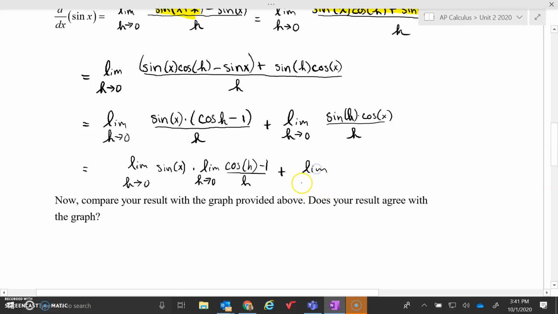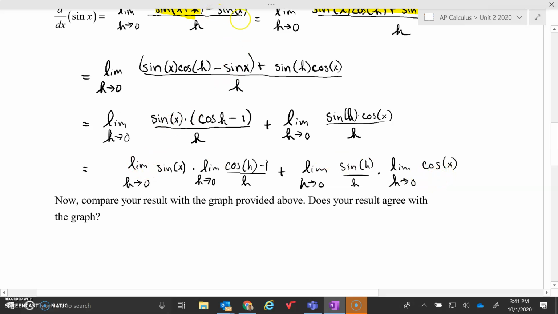So we're going to say limit as h approaches 0 of sine h over h times the limit as h approaches 0 of cosine x. Okay, and since that's a product, that h doesn't have to actually come over here.